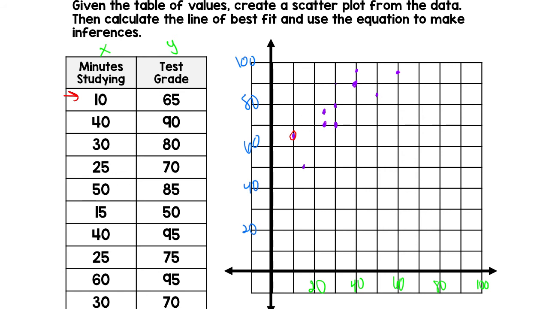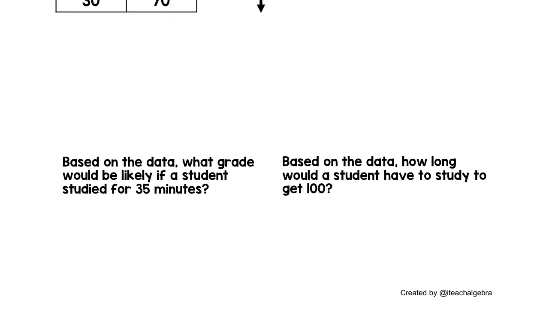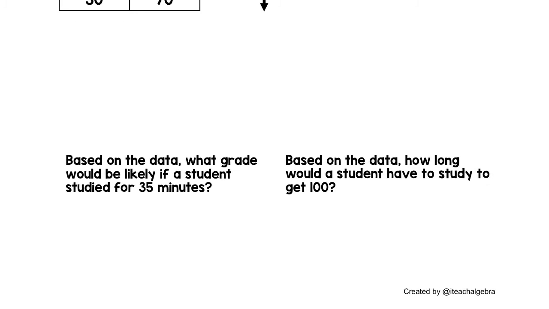And let's use the, oh, sorry, that's my cat on the desk making life hard. Come on. Then we'll use this furthest one out here. And that looks like it's at 60, 95. So we're going to use those 2 points to find the equation of our line and make some inferences. So I'm going to scoop those up, but you remember them.